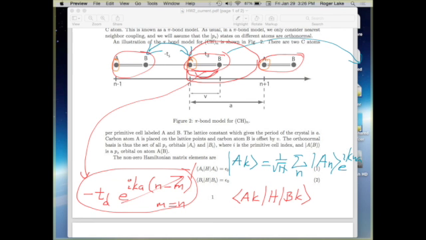One is periodic every unit cell. There's one periodicity. When we talk about periodic boundary conditions, it means on this phase factor e to the i k n a, for some very large n that we eventually let go to infinity, we say that 1 is equal to e to the i k a times this n.